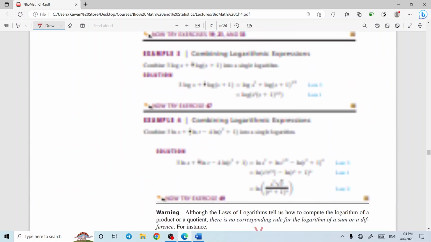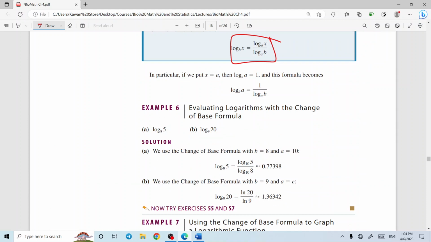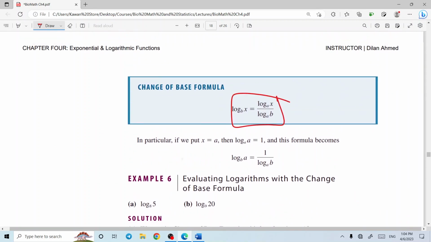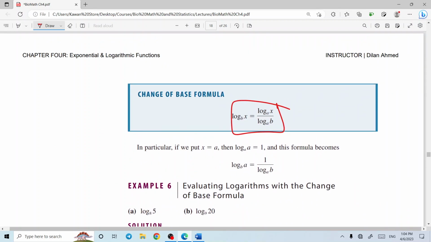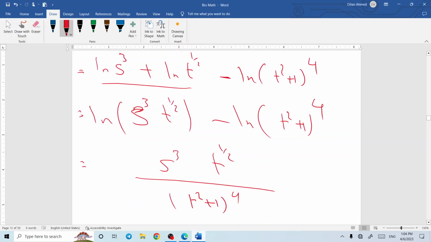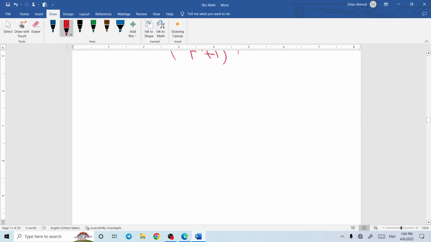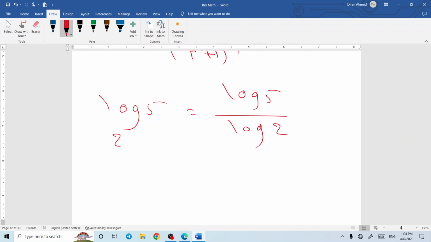Only one rule remains. Only one rule. What do you mean by that? Log base A of x, log base B of x. Means that, for example, if you have a table of log of 10, during the exam, if I give you, for example, a table, I say find log of 2 over 5. But you know just log base 10. So you say it is equal to log of 5, log of 2 with the base 10.